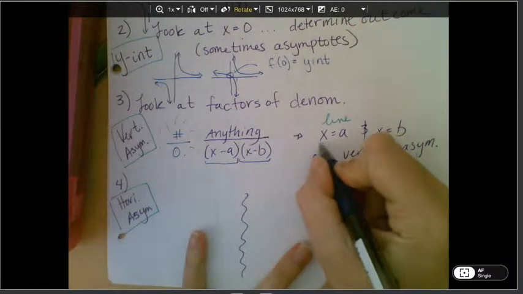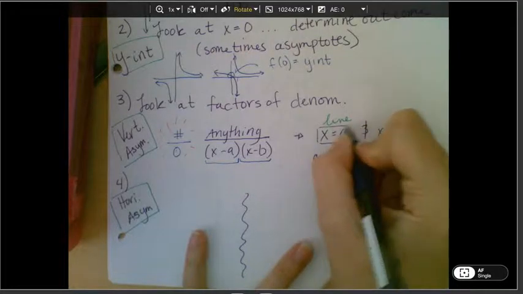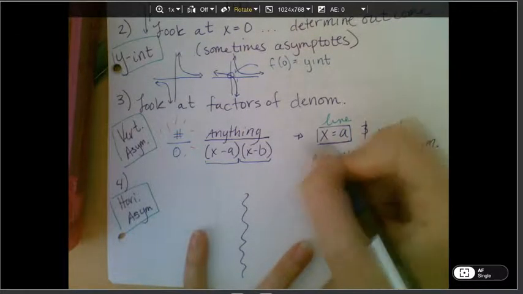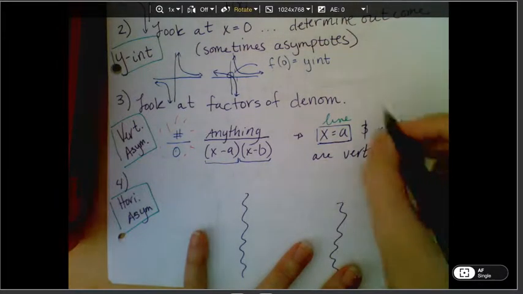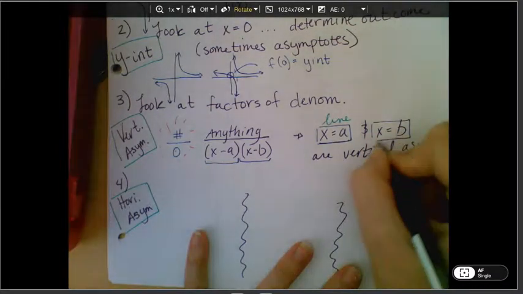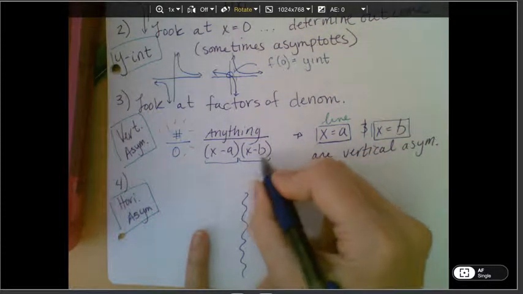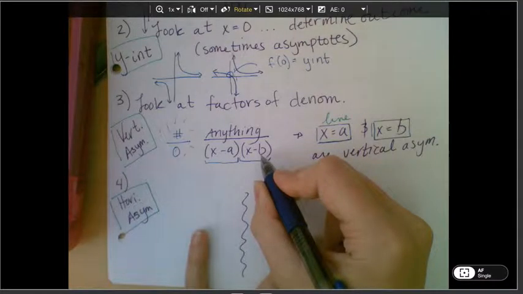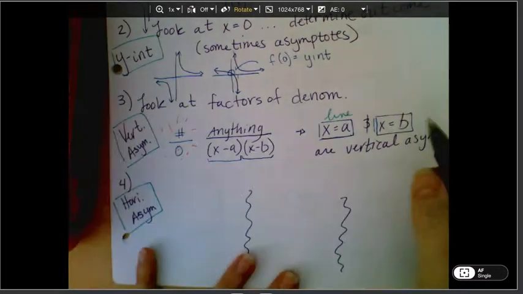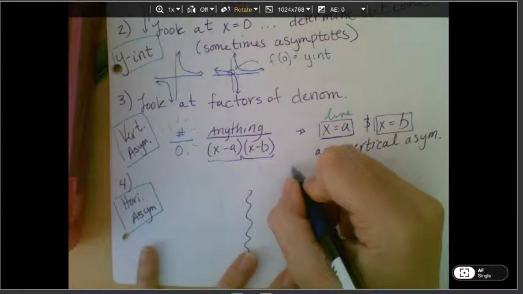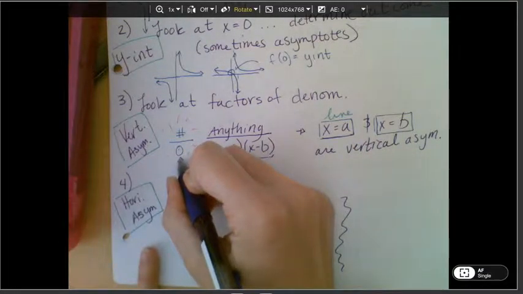So if x equals some number a, so that if I have x minus a, I get 0, and or x equals b, right here, I get another 0, you're going to get a vertical asymptote because the denominator can never equal 0.